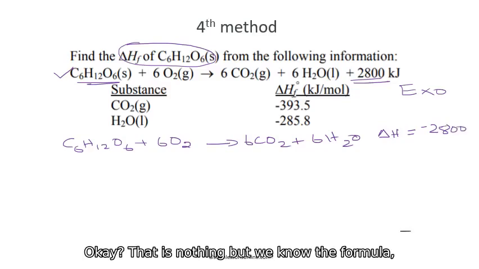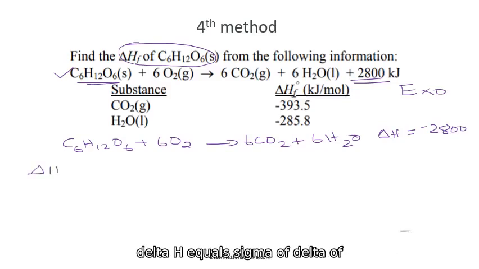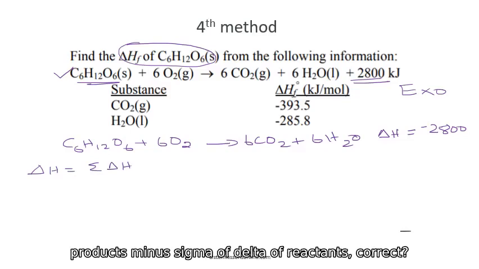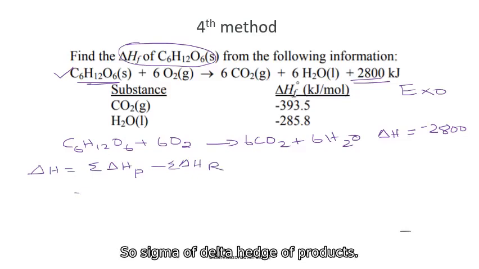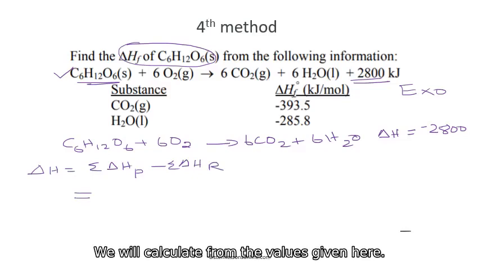Okay. We know the formula: delta H equals sigma of delta H of products minus sigma of delta H of reactants, correct? So the sigma of delta H of products we will calculate from the values given here.